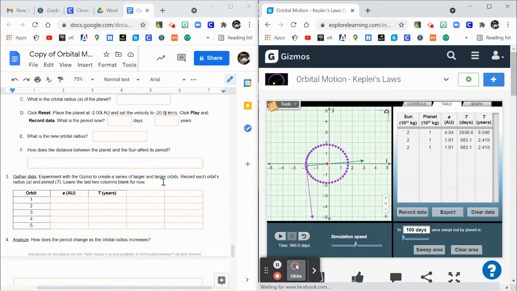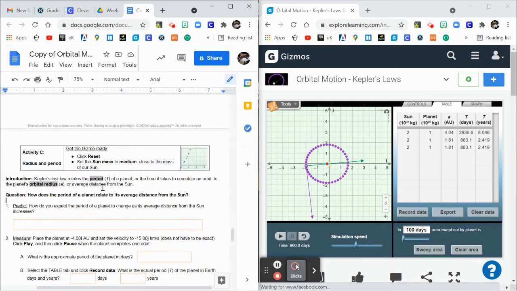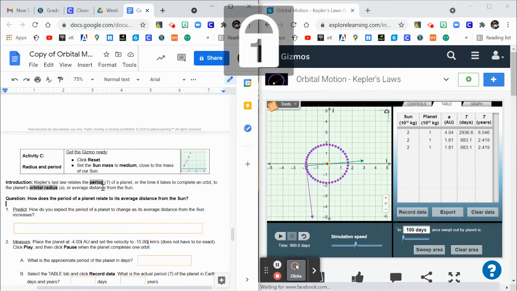You are welcome to just put the data here as well, the data that we already gathered. So 1.81, and the period in years, 2.419. Whoops, sorry about that.